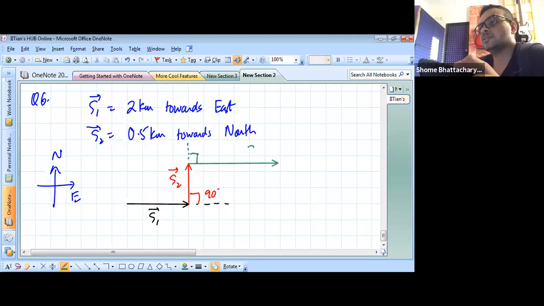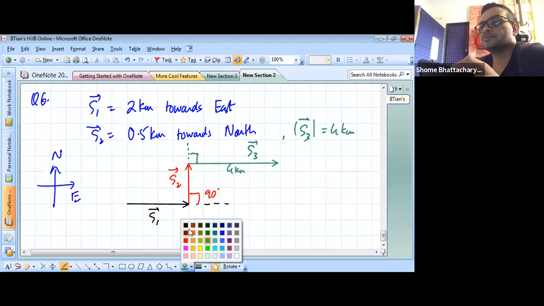So it will have to be like this. So S3 is like this, and S3 is of magnitude 4 kilometers. So this is 4 kilometers, this is 2 kilometers, and this is 0.5 kilometers.